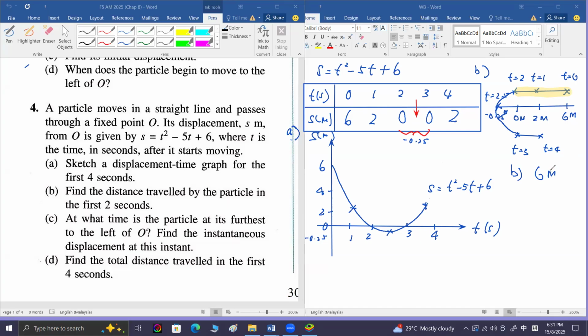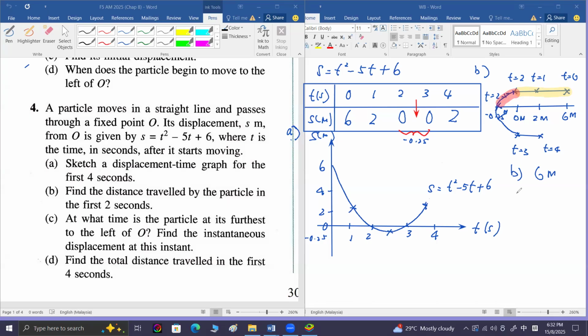Okay? Next, you see here. At what time is the particle at its furthest to the left of O? Can you see? Furthest to the left of O. So can you see here? 0.25. Then it moves here. Okay? Left of O, 0.25.